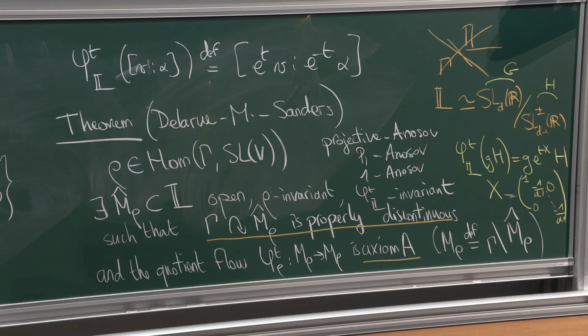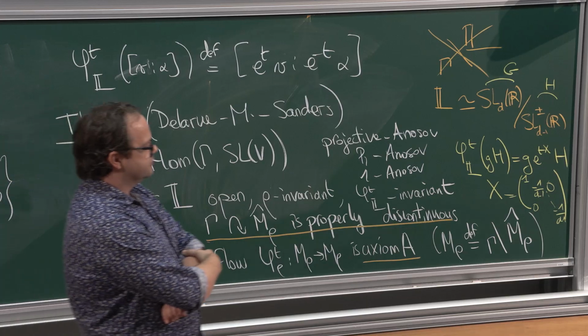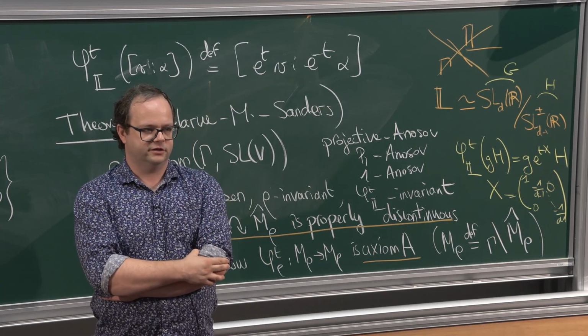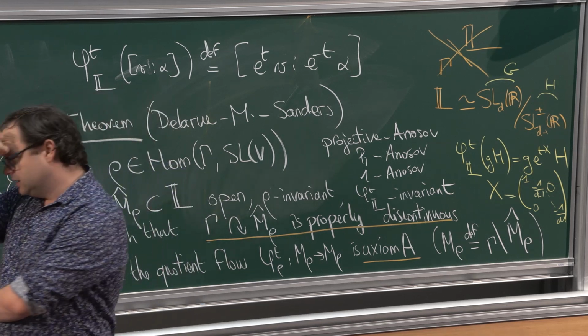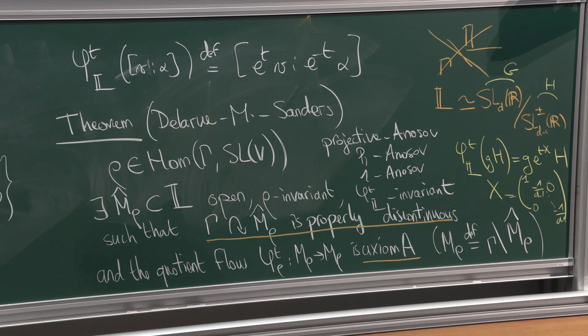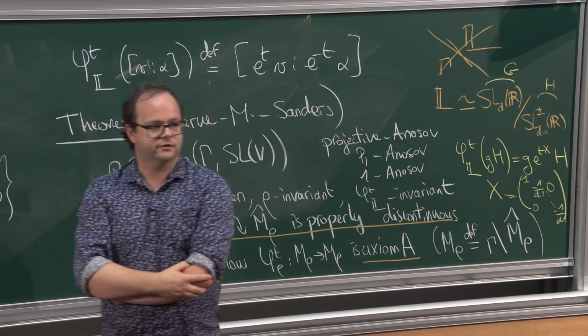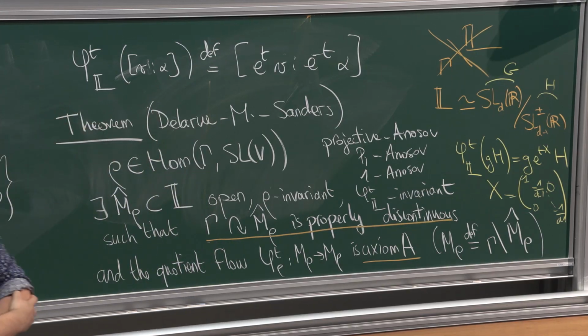And I do believe that the construction we have is probably the biggest one that works, but I haven't checked it. I think it's the type of question you could probably answer by having a close look at some work of Léo Cardarelli and Florian Stecker on discontinuity domains. But I'm not quite sure.